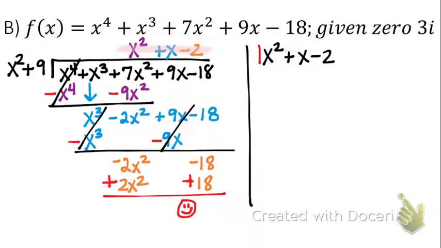You just need to find your two numbers that multiply to be negative 2 but add to 1.